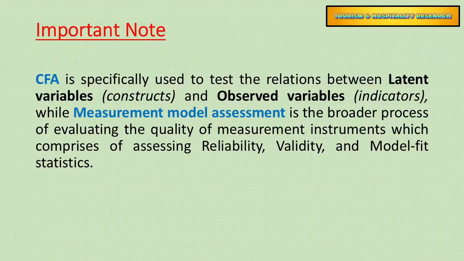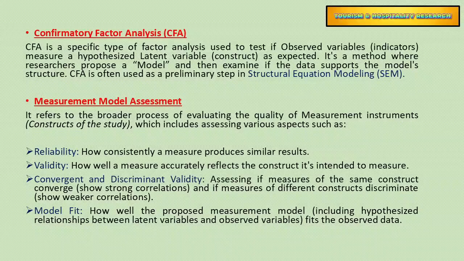While measurement model assessment is the broader process of evaluating the quality of measurement instruments, which comprises assessing the reliability, validity, and model fit statistics. Confirmatory factor analysis is a specific type of factor analysis. As I told you in the beginning, EFA we do in SPSS, but for CFA we will have to move to AMOS.